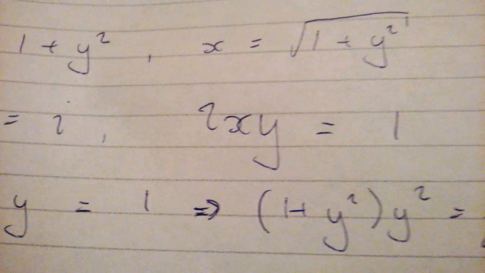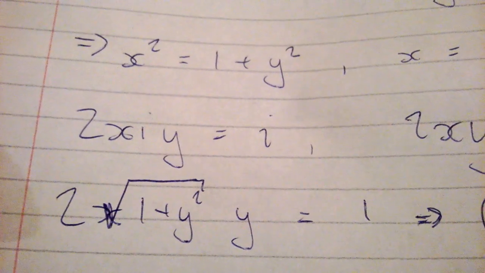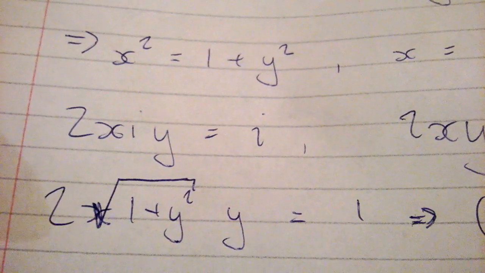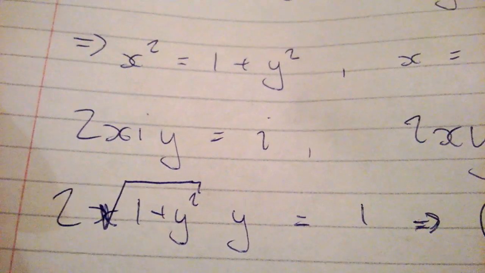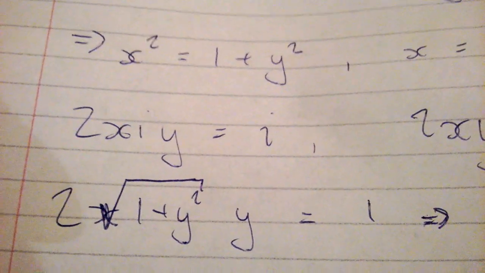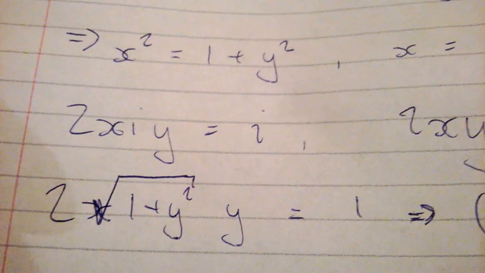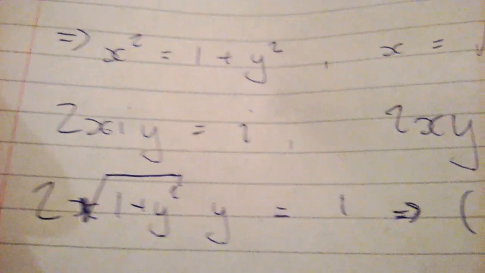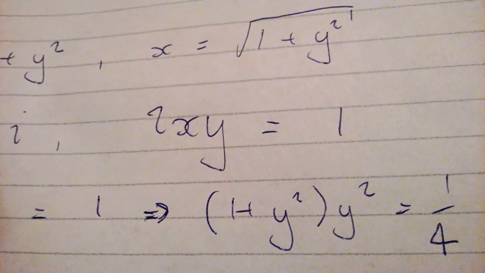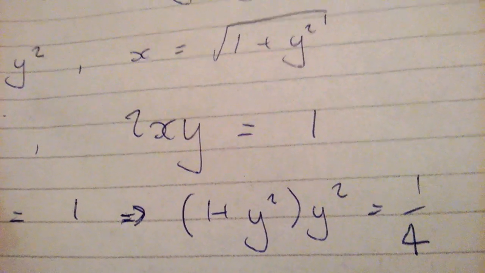Now we're doing two things at once: we square both sides and then divide by 4. Squaring both sides gives 1 plus y squared, times y squared, times 4, equals 1, which means 1 plus y squared times y squared on its own equals a quarter.